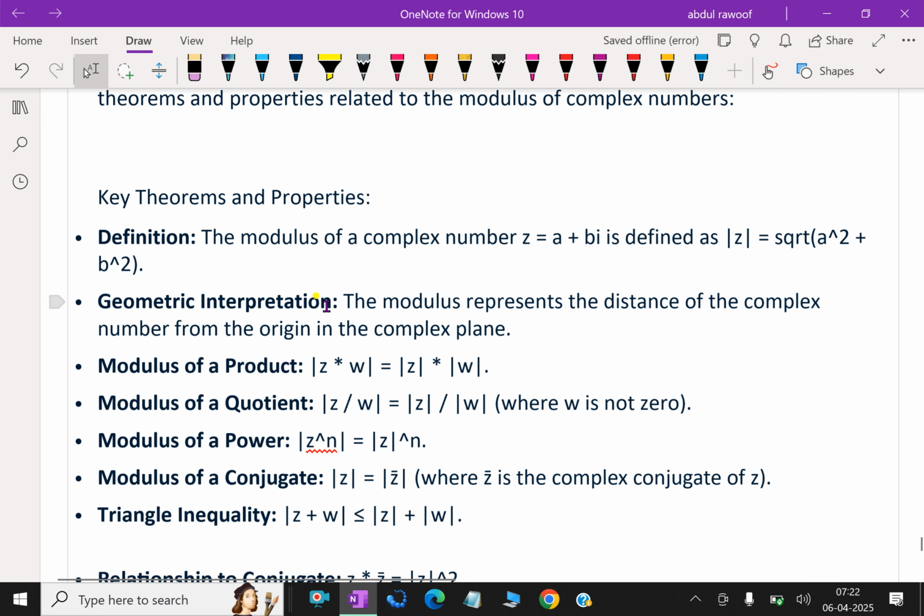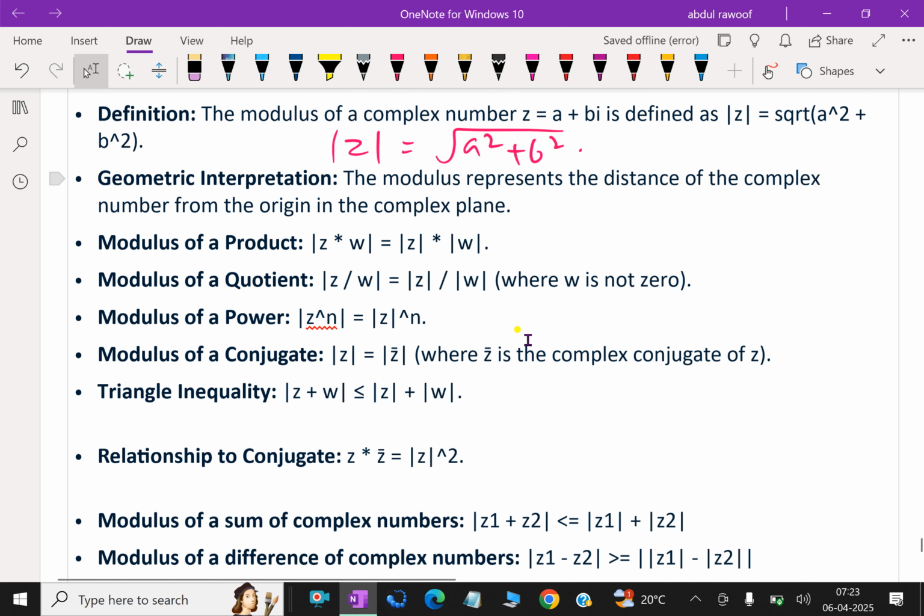Definition: the modulus of a complex number z equal to a plus bi is defined as modulus of z equal to square root of real part square plus imaginary part square. The modulus represents the distance of the complex number from the origin, that point in the complex plane.